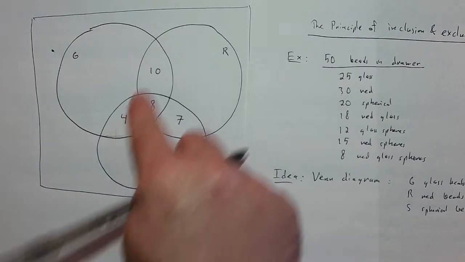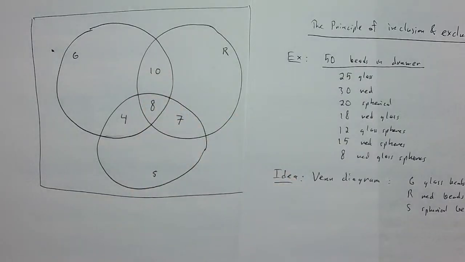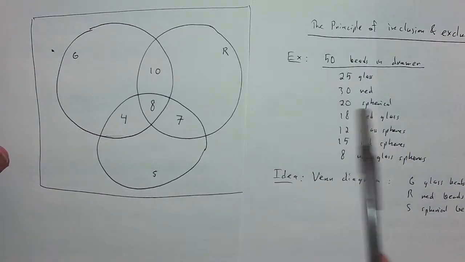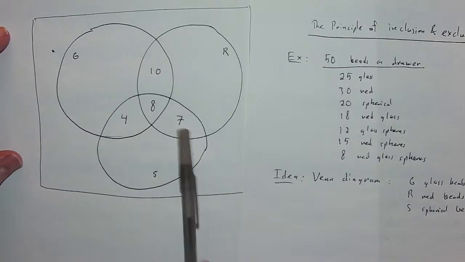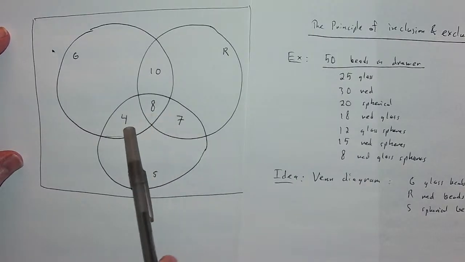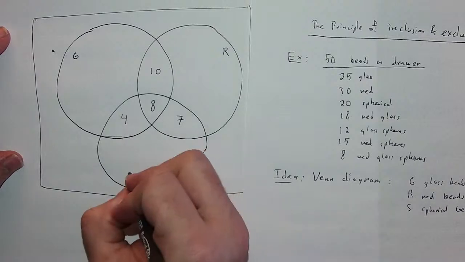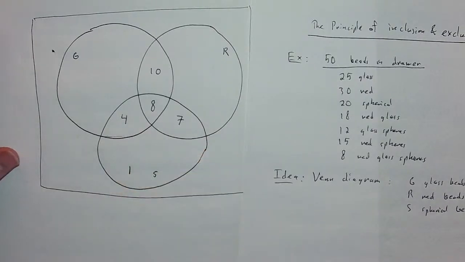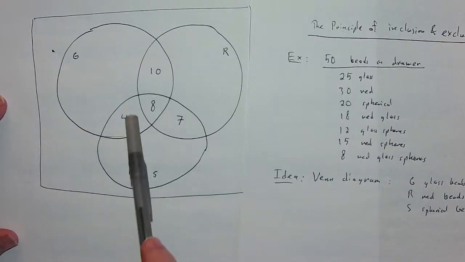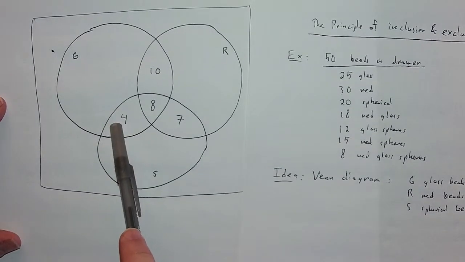Now that I've figured out these intersections, I know that the number of spherical beads is 20. Here's 7, here's 8, and 4, so 19. So there is only a single spherical bead that is not glass nor red.